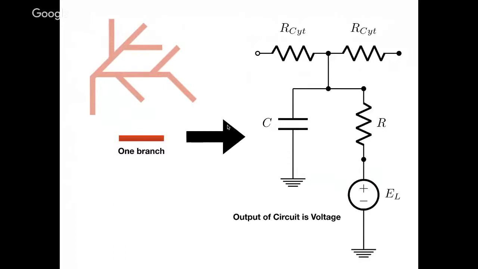From here, we would take this one branch and give it an electrical circuit, a very simple electrical circuit. It has different parameters associated with it, and this circuit has an output of voltage. Going through what each of these terms means, C is capacitance.